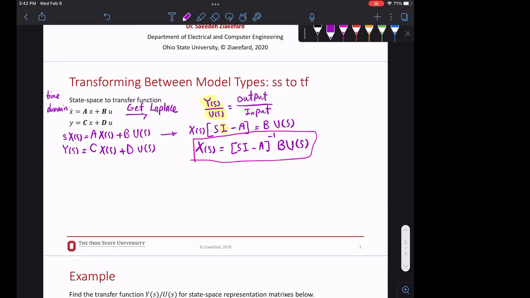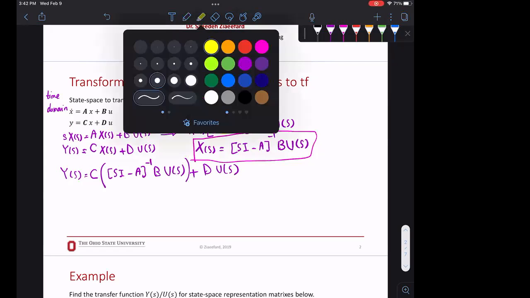Now, if I plug it into this equation for Y(s), I have C (sI - A) inverse BU(s) plus DU(s). And there you go.